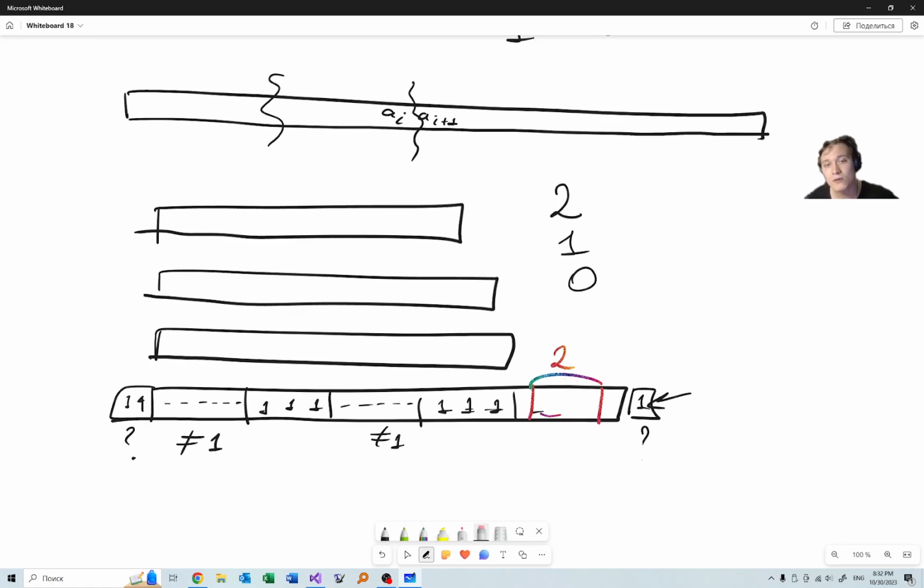So yes, all these elements now fix 2 pairs. But you cannot take all of them. You can take like half of them. So in general, if you have a block of k numbers which are not ones, you can take like (k-1)/2 of them.